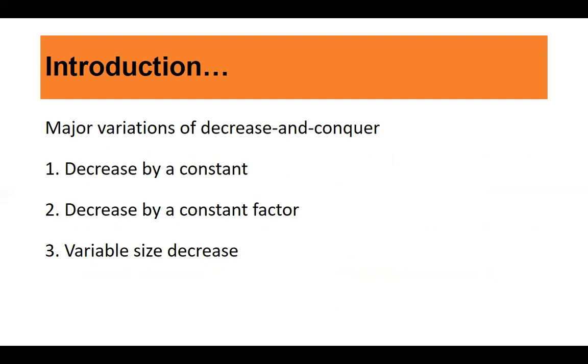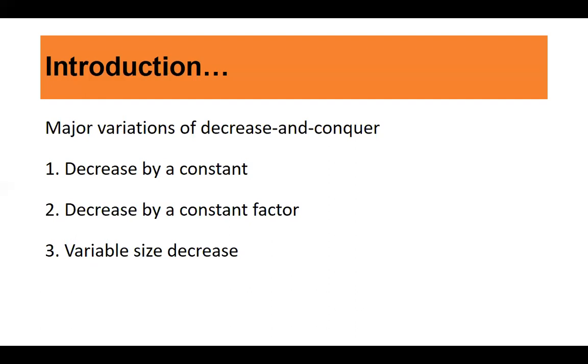In decrease by constant factor, the factor happens to be half, that is 1 by 2. And the last version, variable size decrease, reduces the instance size iteration by iteration to a variable size. It is usually a huge reduction in the input which cannot be predicted beforehand, right? We will look at all these versions with examples.